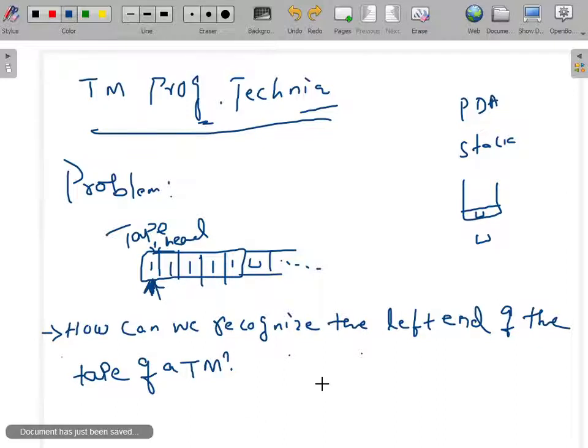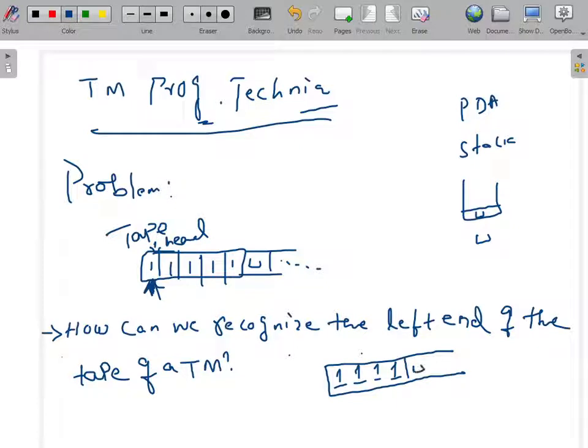For that, say you have 1 1 1 1 on the tape, and the rest of the tape is infinite. This is our tape. The solution is to use a dollar symbol at the left end.